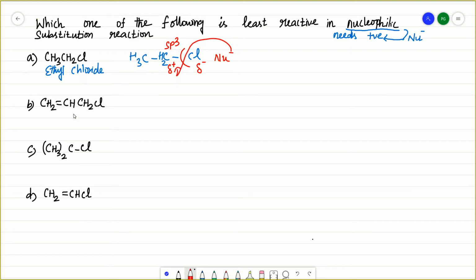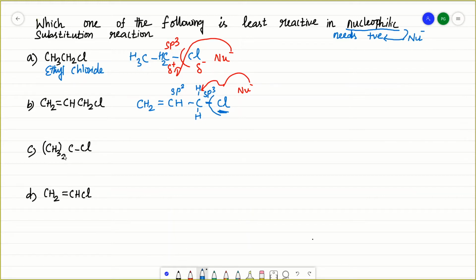Let us take the next one. This is allyl chloride. That means CH2 double bond CH and this is CH2Cl. So here the chlorine is attached to sp3 carbon, which in turn is attached to an sp2 hybridized carbon. Here also, because of this sp3 carbon, the chlorine will be easily removed and any nucleophile can come and attack this sp3 hybridized carbon.